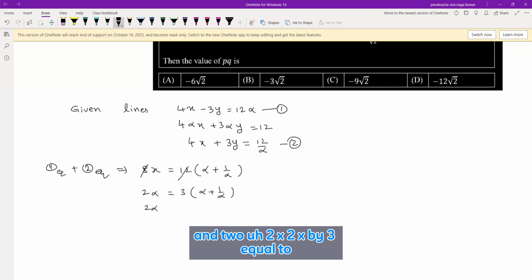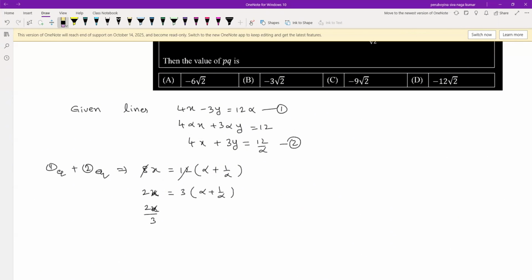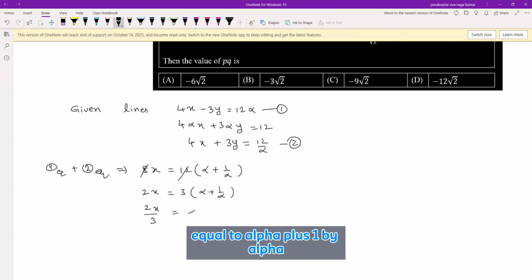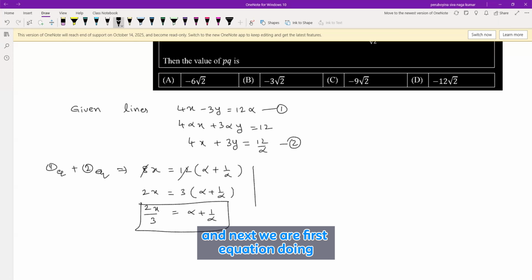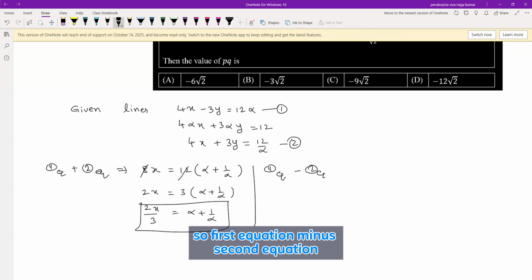And 2x by 3 equals alpha plus 1 by alpha. And next, we take the first equation minus the second equation. 4x got cancelled.